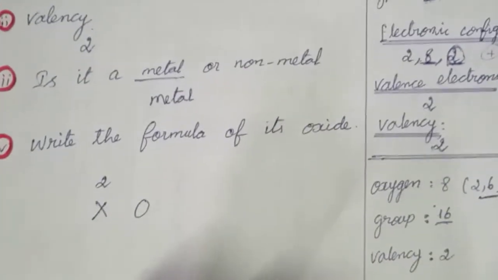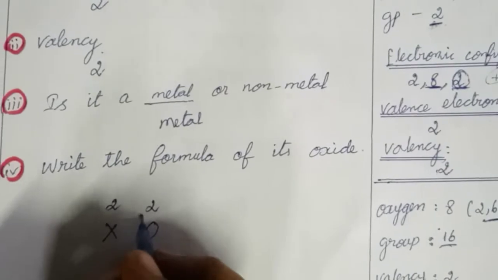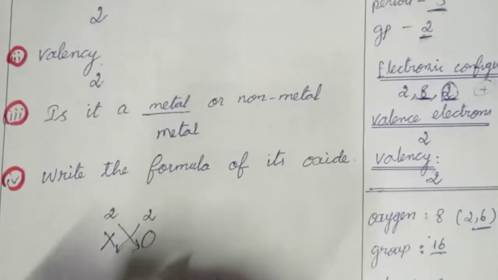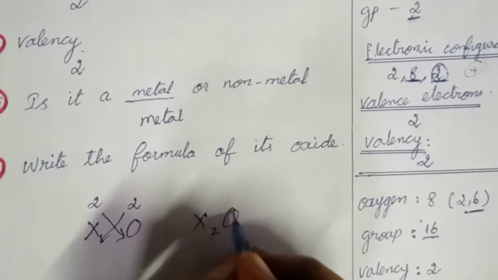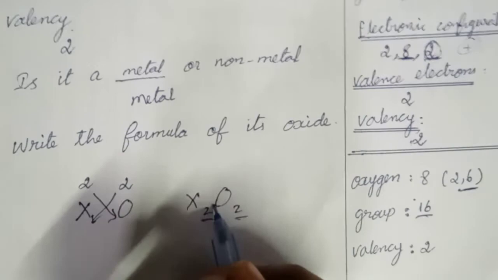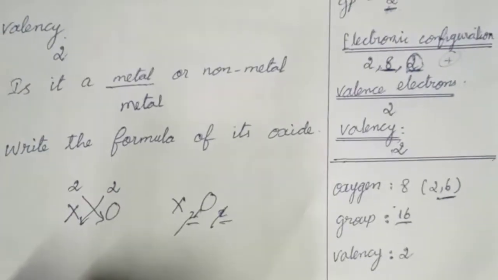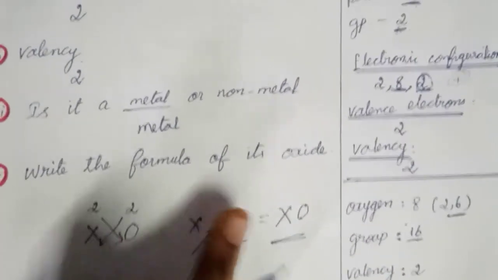What is the valency of oxygen? 2. Then cross multiply. What do we get? X2O2. Both numbers are the same, so we simply cancel. So finally what do we get? XO. This is the formula of its oxide.